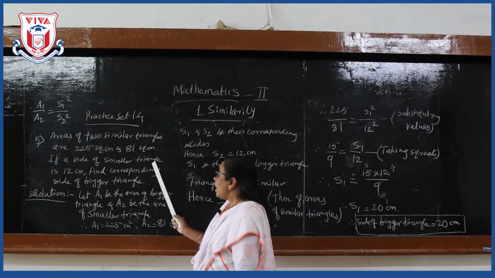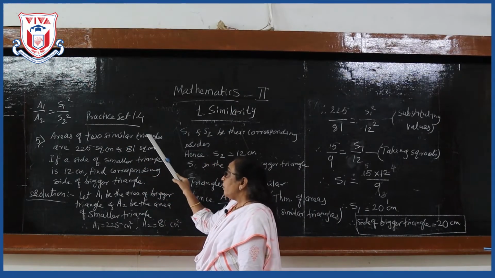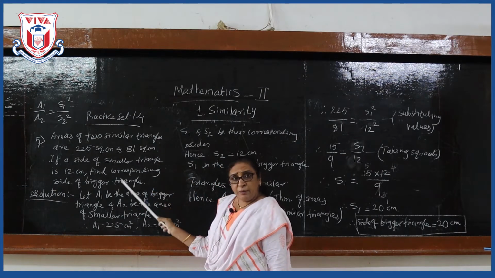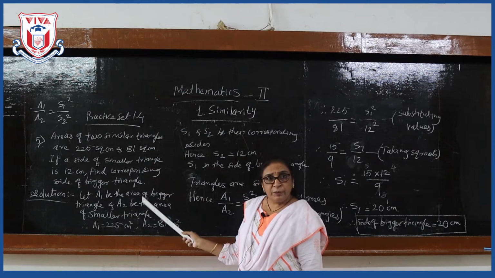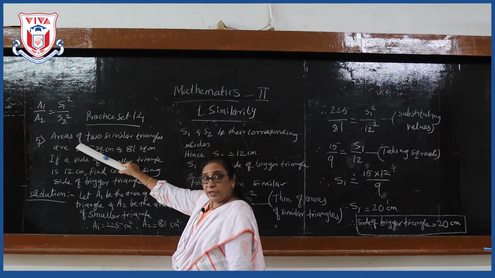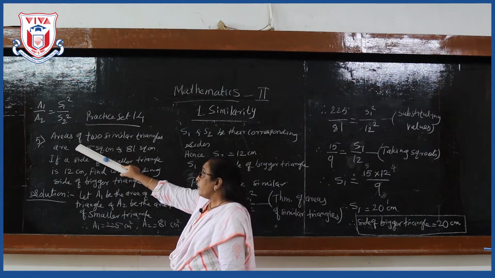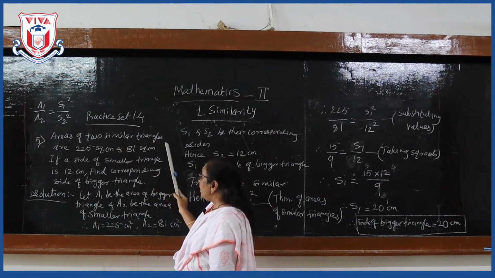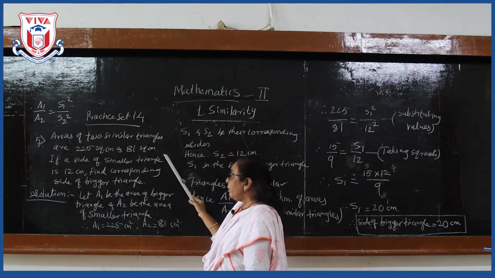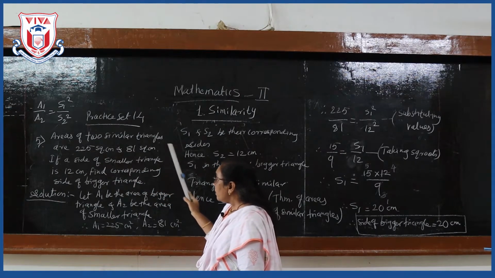Now we'll see one example from practice set 1.4, which is based on the theorem of ratio of areas of similar triangles. See, the fifth example from this exercise: areas of two similar triangles are 225 square centimeter and 81 square centimeter.